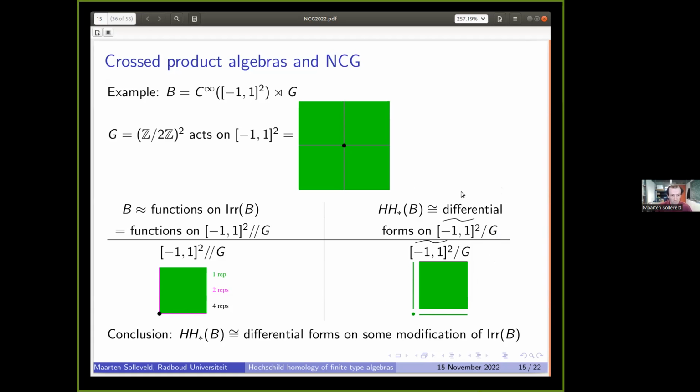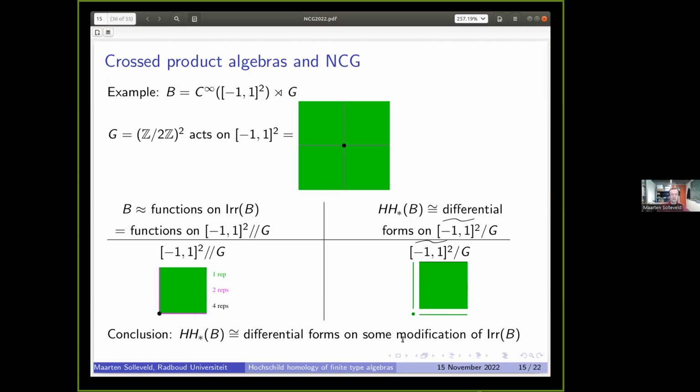And in fact, the space of irreducible representations, if you deform it a little bit, you get this quotient used by Brzezinski-Nistor. So in this case, you can say that the Hochschild homology of this algebra is somehow like differential forms on the space of irreducible representations, but modified a little bit.